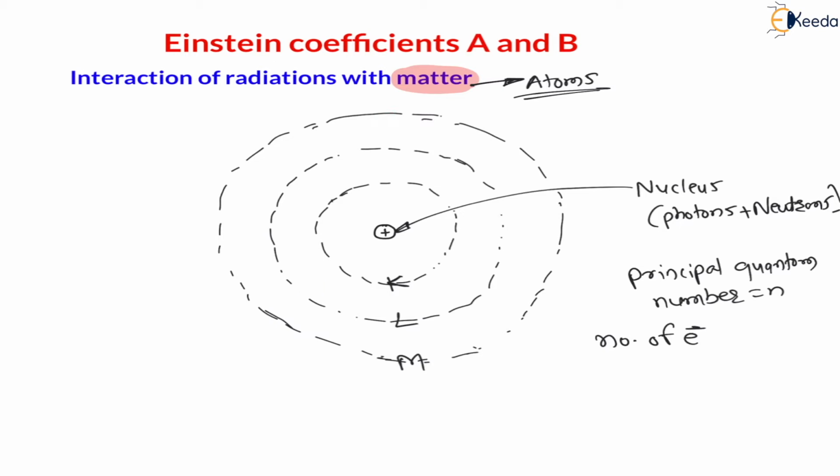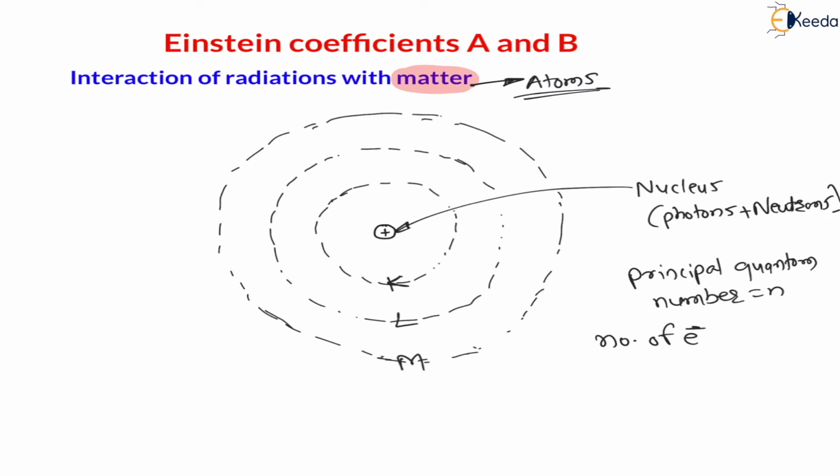These circles are orbits, and in these orbits the electrons are revolving around the nucleus. You can understand it like this: let us say the nucleus is the sun, and the earth and other planets are revolving in orbits around this sun.